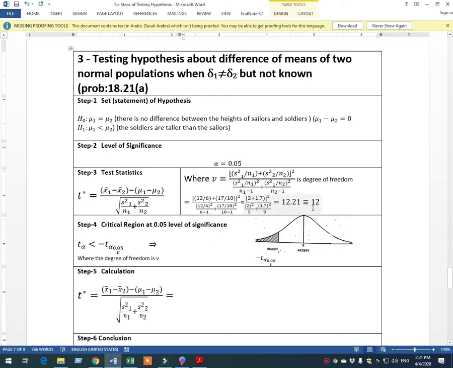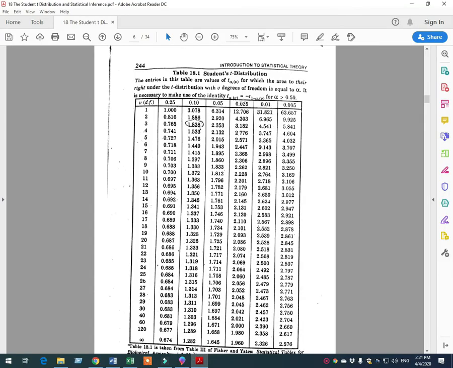So degree of freedom is 12, and the value of alpha is 0.05. By looking at the table for 0.05 and degree of freedom 12, we will get the critical value of 1.782.